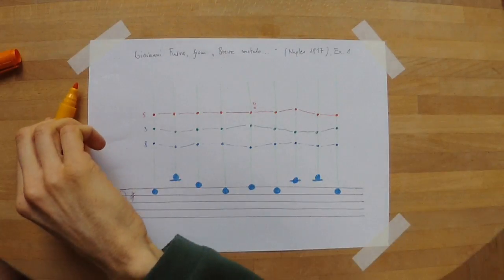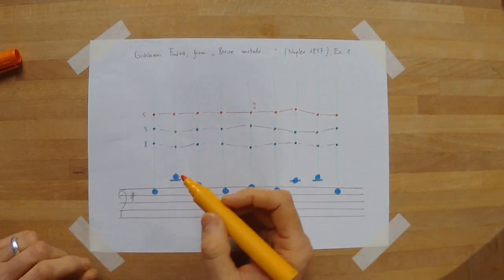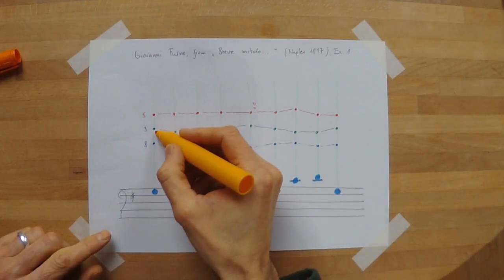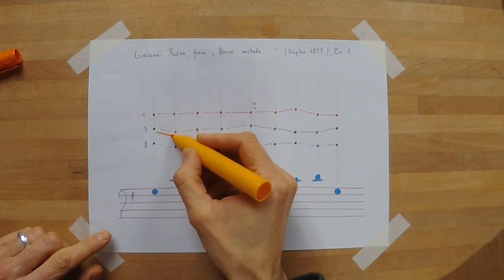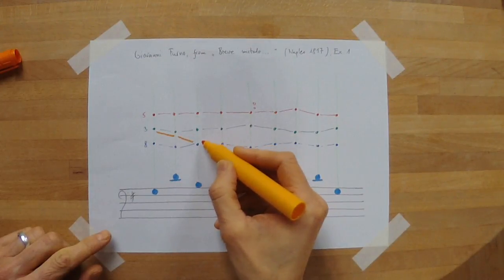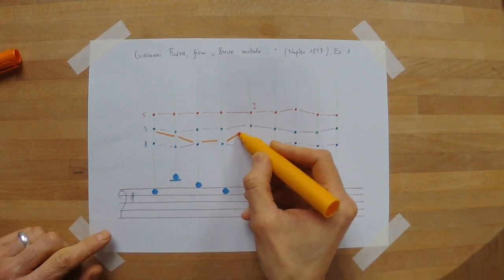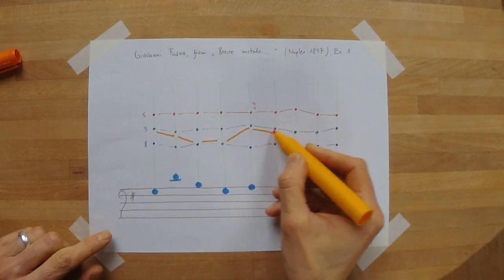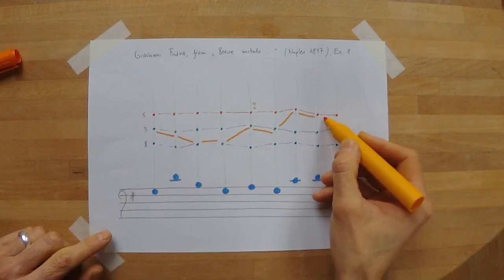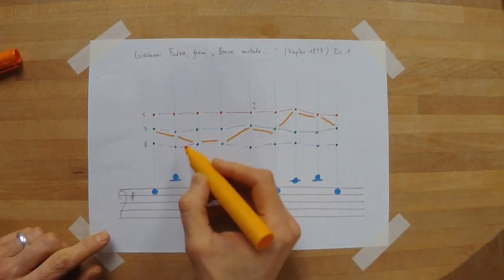Having all these three voices ready in colored voices, I can now choose a path that changes from voice to voice. For example, I start on the green voice, go down to the blue one, jump up to the green one, then up to the red one, and back to the green one.